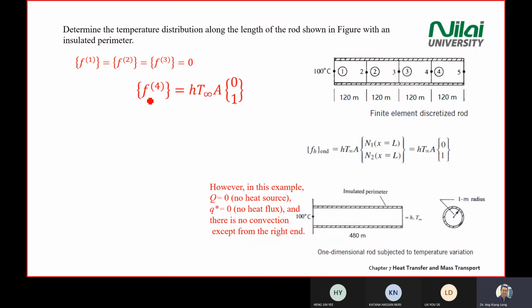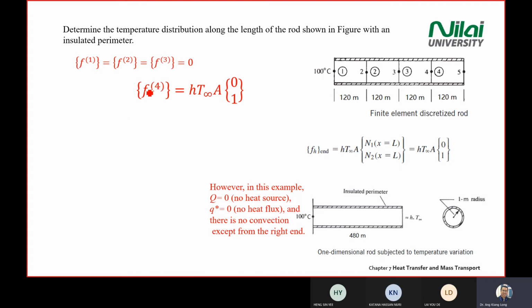So we write the force for element 4, following the notation that I use for this module: curly F superscript 4 equal to hT infinity A times the matrix 0, 1.